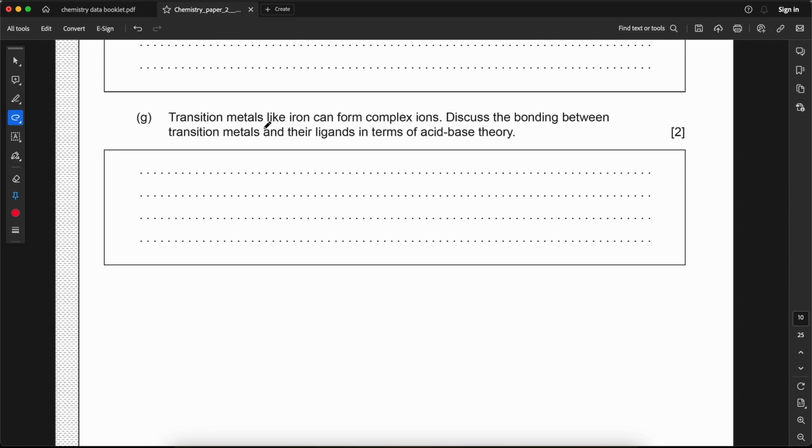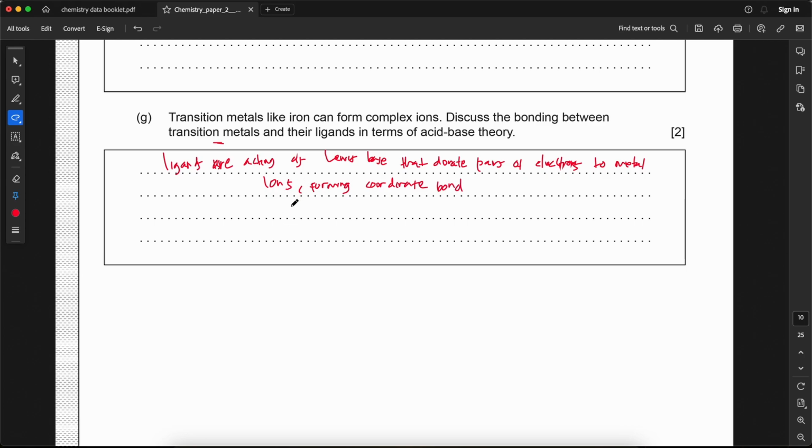Discuss the bonding between transition metals and their ligands in terms of acid-base theory. Ligand has a lone pair. Therefore, ligands are acting as a Lewis base that donate pairs of electrons to metal ions, forming coordinate bond.